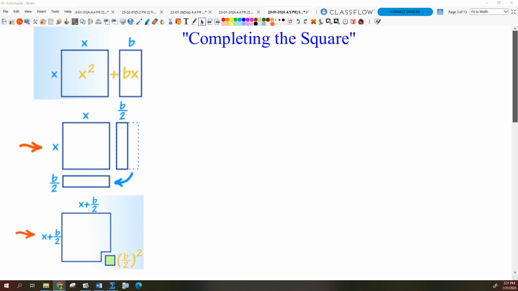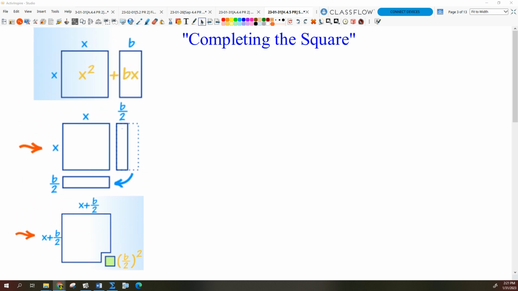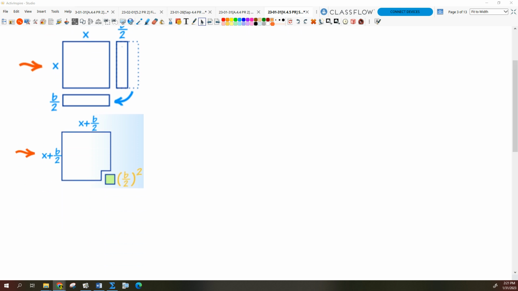And what would the dimensions be? Instead of being x by x, if I cut this thing down the middle in half, it would have a width of b over 2, right? So the total width, when I combine all those pieces together, would be x plus b over 2, and the height, instead of being x, would be x plus b over 2. But it's not quite a square. We've got that one little divot down at the bottom.